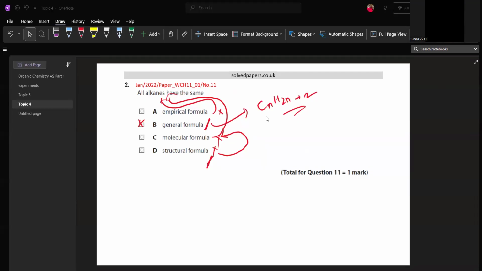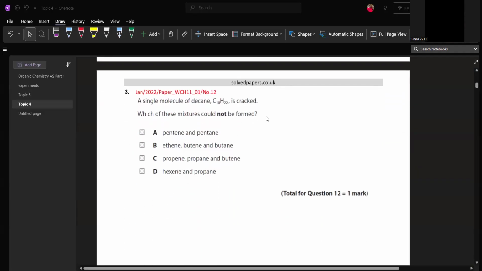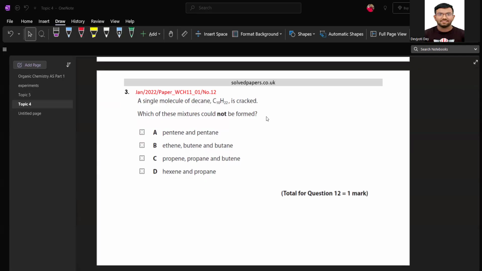Yes. All right. Moving on, a single molecule of decane, you can see that C10H22, is cracked. Which of these mixtures could not be formed? Okay, so we have decane right here.